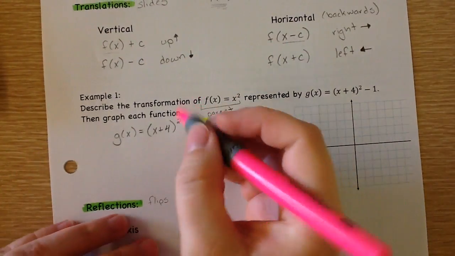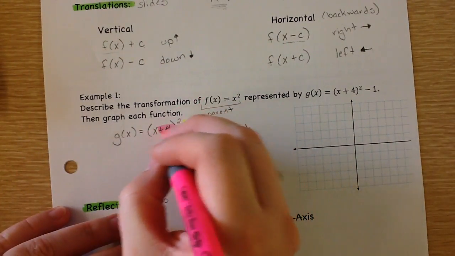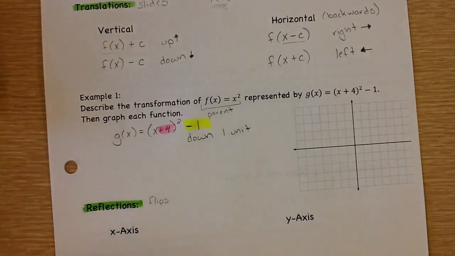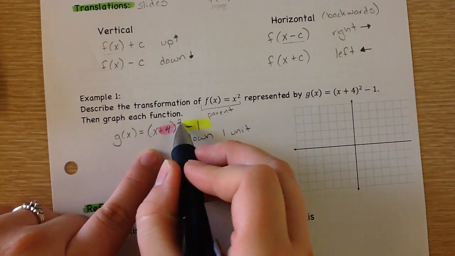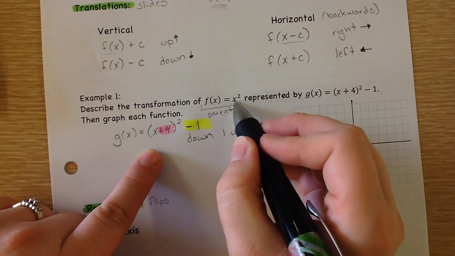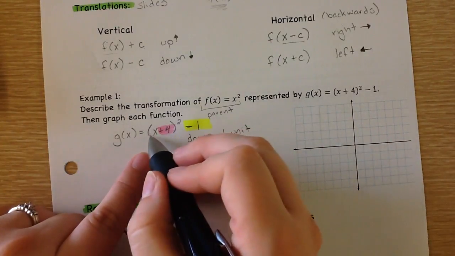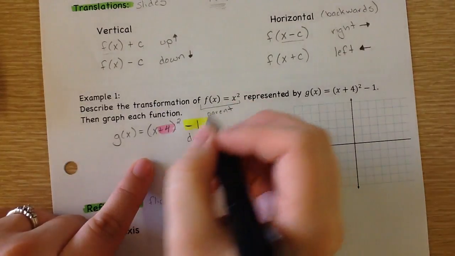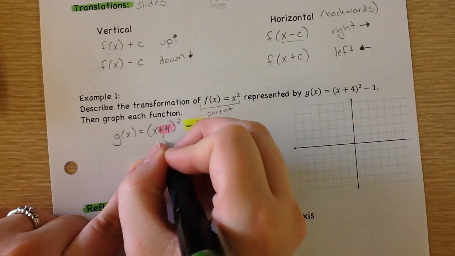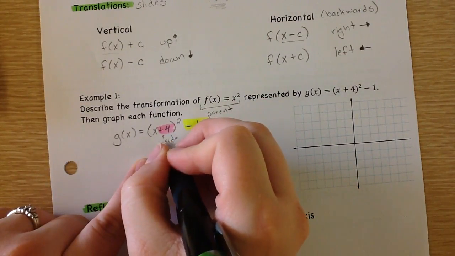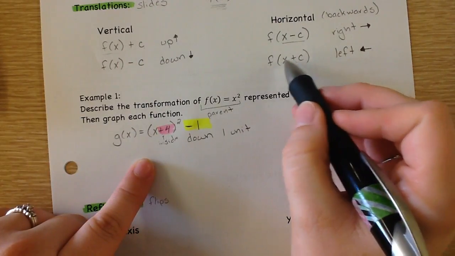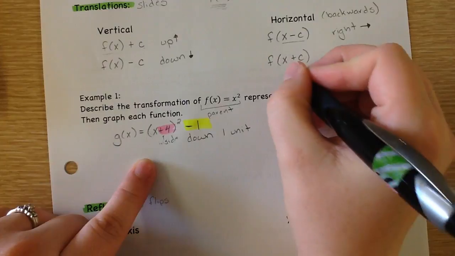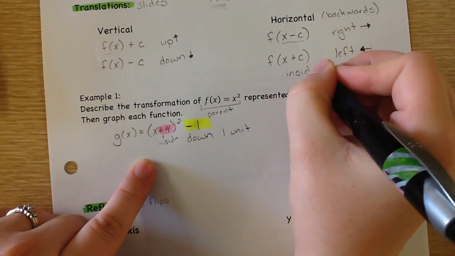But then we have this x and we're adding 4. Now we need to ask ourselves, where am I adding 4? This adding 4 is inside of the squared function. So it's inside of my x squared. It's x plus 4 squared. I'm taking x plus c inside the function.